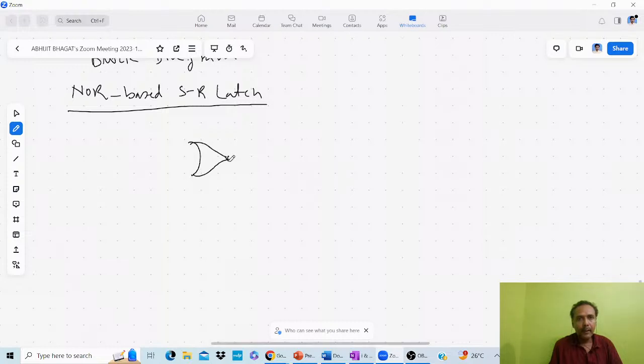All of you know NOR gate, it is the reverse of OR gate, complement of OR gate. So this is NOR gate. R means reset.